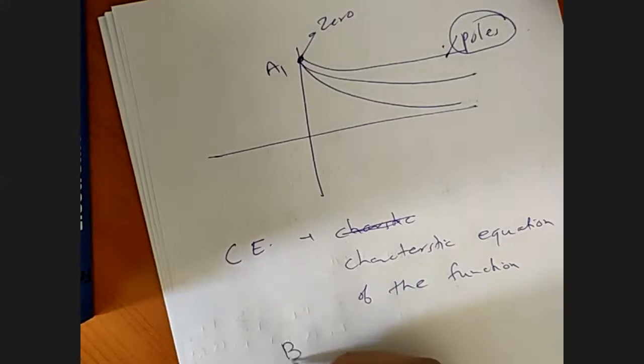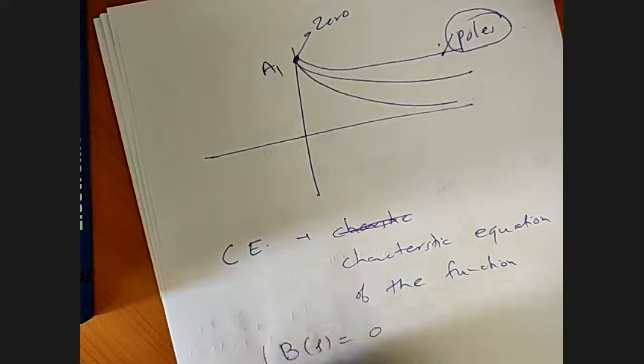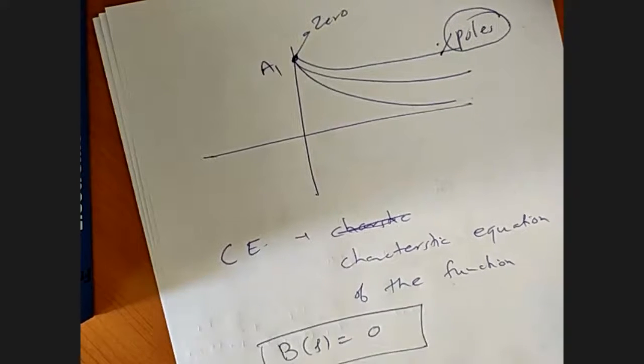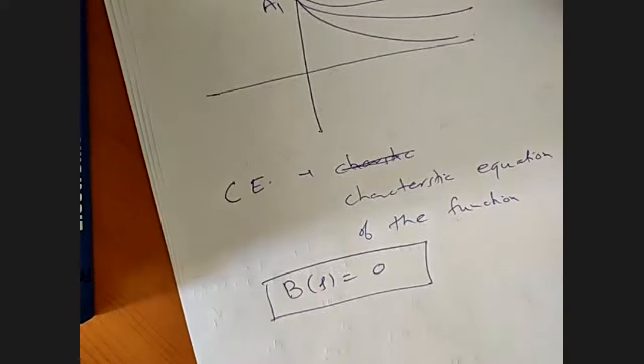That means B(s) equal to 0 gives your main system behavior. That means how your system will behave will be decided by B(s), the denominator polynomial, or the poles.